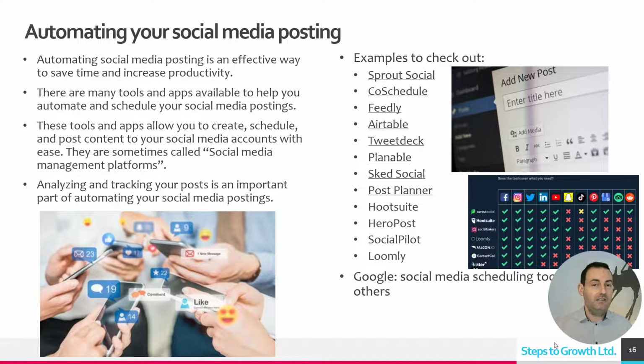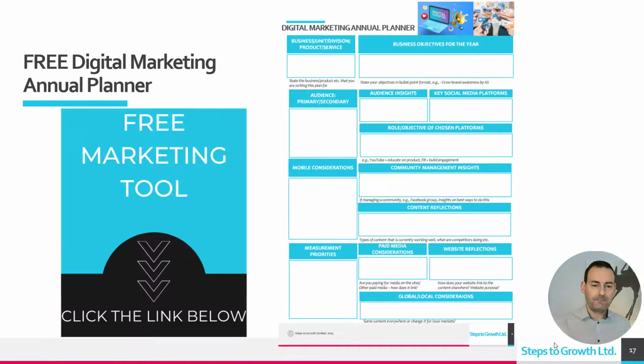So check these out, and it can really save you a ton of time to automate your social media posting. So overall with social media, pick ideally one platform that you can focus on to start with, or pick a couple, get going, and then look to automate the posting as part of your plan. And that's how you deal with social media.